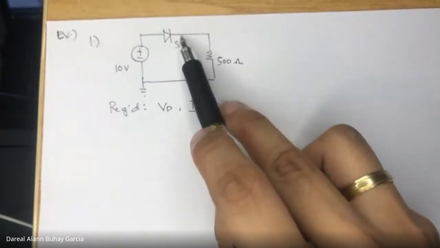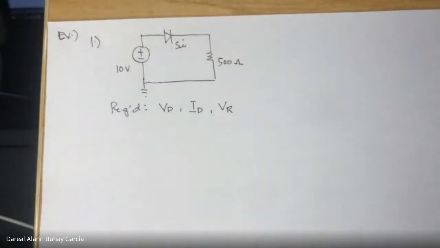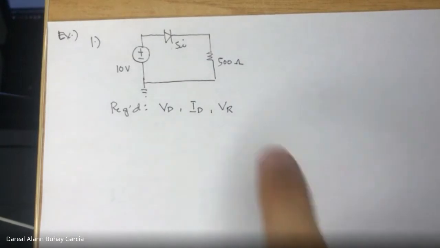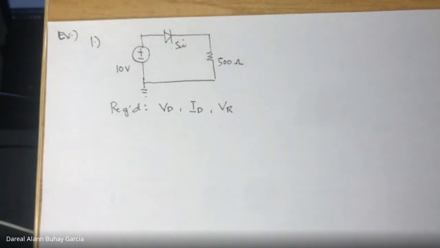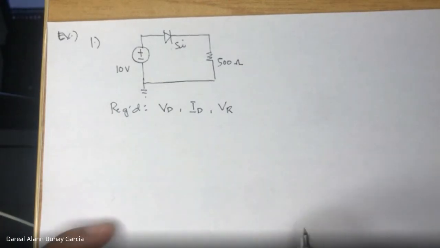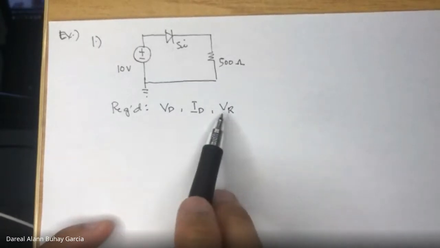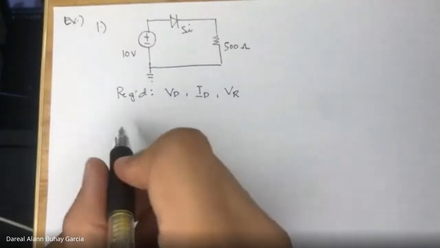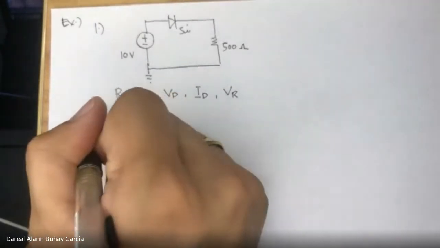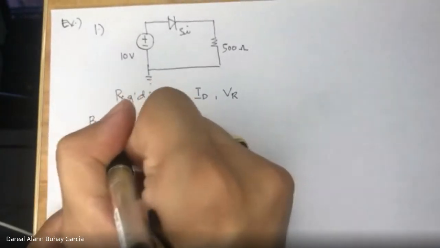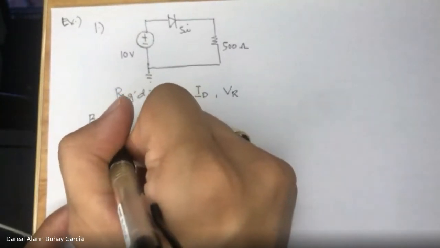When I say condition, for the diode, the condition is either on or off. So before solving for any of these parameters, we have to determine at what bias our diode is at.